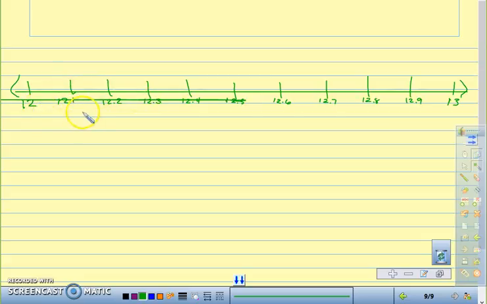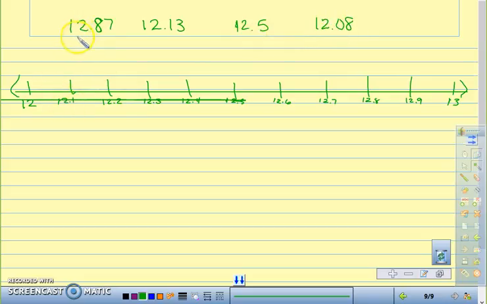And I hope you can read those okay. So now we're going to look at those numbers, and we have the numbers 12 and 87 hundredths, 12 and 13 hundredths, and 12 and 5 tenths, excuse me, and 12 and 8 hundredths.